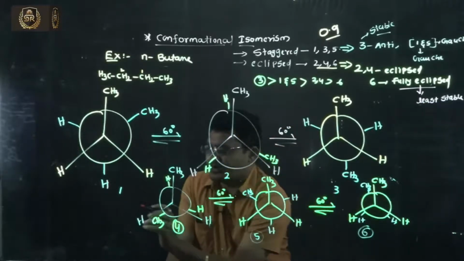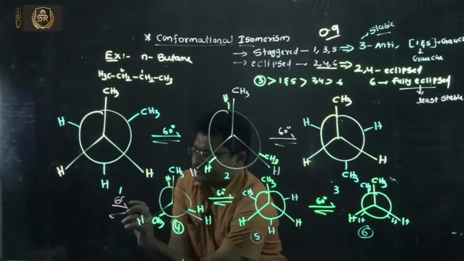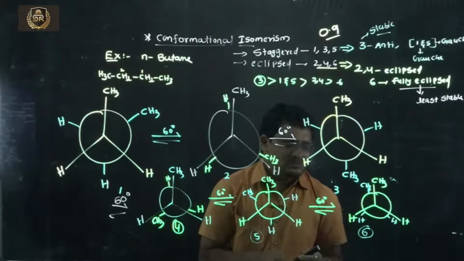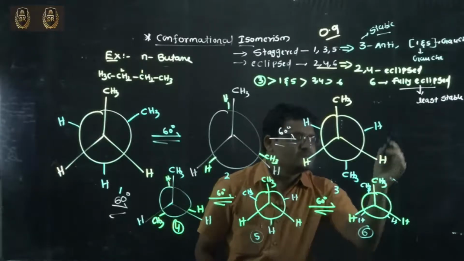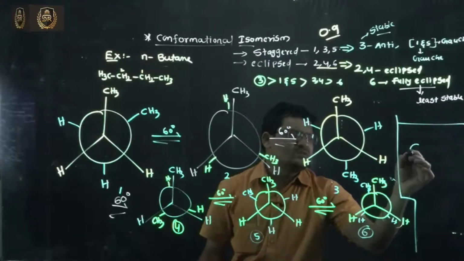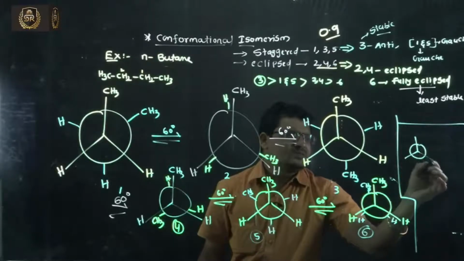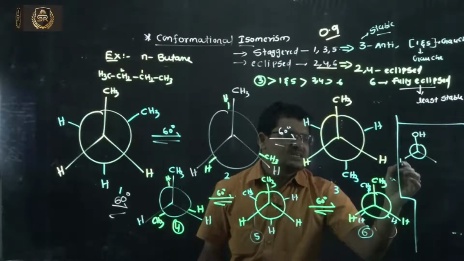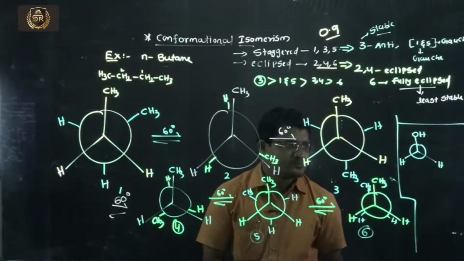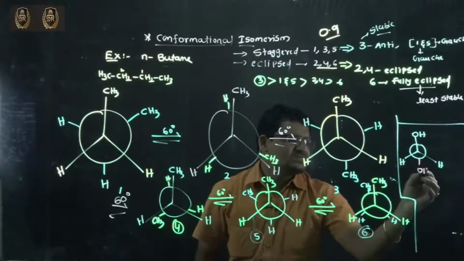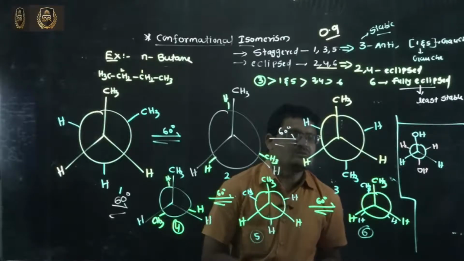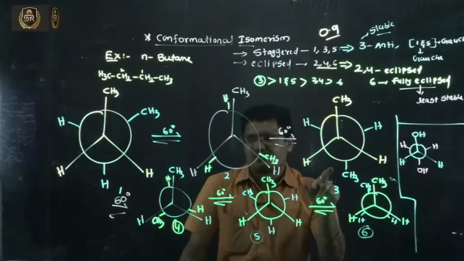Now, this is very important. In case of the 2 OH, I am using a different pen. See what we observed, for example, this is 1, here OH, this side H, this side H. Now this side OH, this side H, this side H. But what we observed, this is anti conformation.